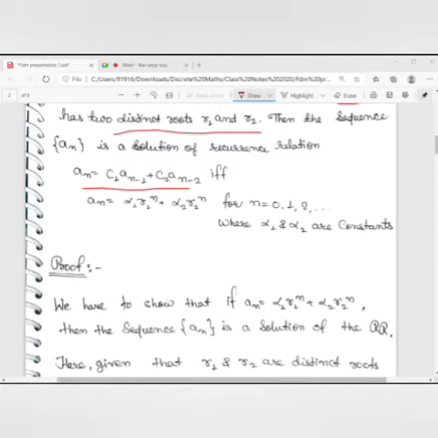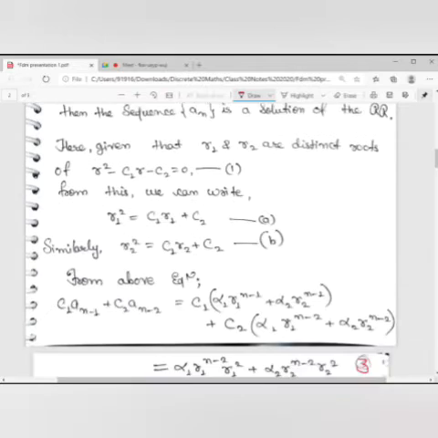We can also prove that if the sequence a_n is a solution, then a_n = alpha1 r1^n + alpha2 r2^n for some constants alpha1 and alpha2. Now we will show that if a_n = alpha1 r1^n + alpha2 r2^n, then the sequence a_n is a solution of the given recurrence relation.